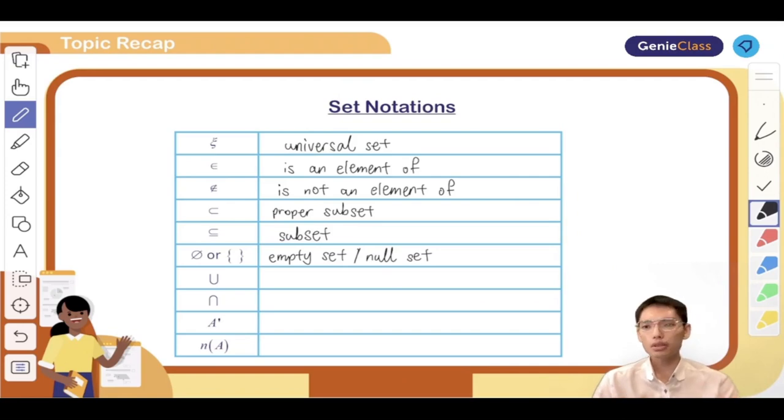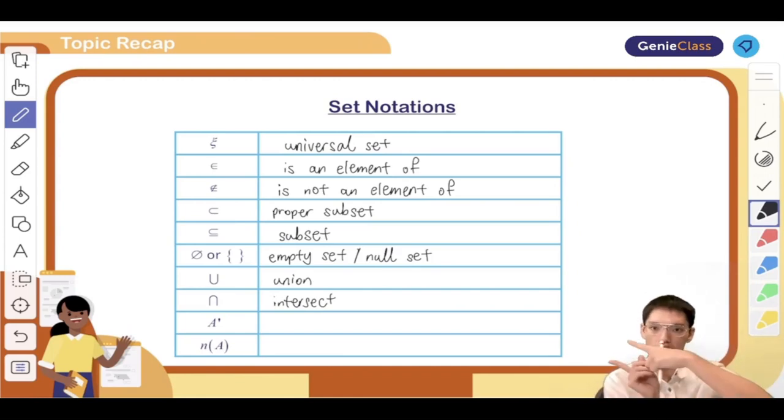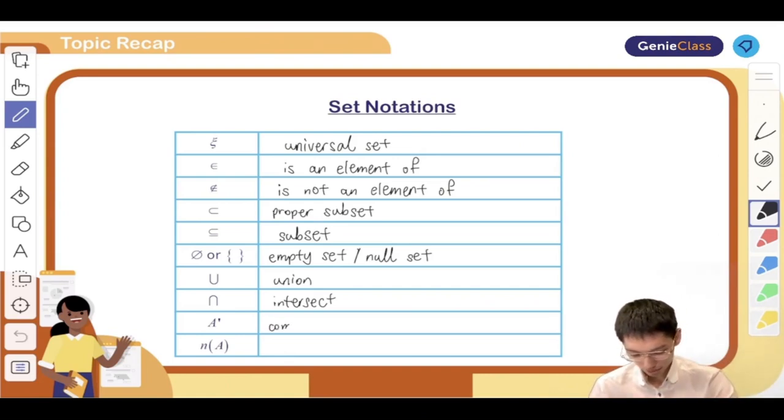Following up with a few more notations, the U looks like the union, the N looks like the intersection, or we call it intersect. Next, if I call a set A and there is an apostrophe indicated at the left side of the slide, I call that the complement of set A. And lastly, with the N over there, I say that this is the number of elements in set A. So all these notations, please do take note.